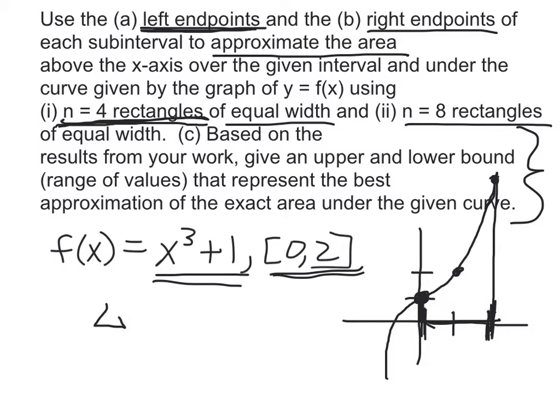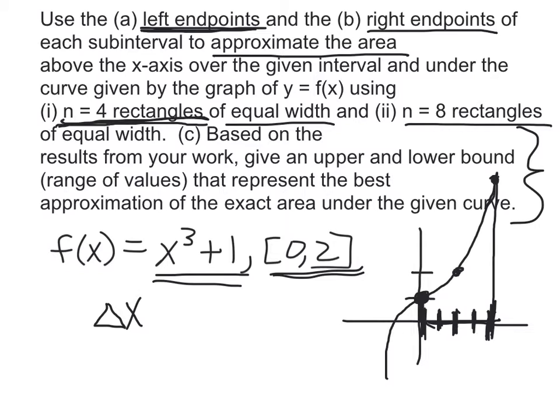Notation-wise, we like to use delta x here because we're changing from x equals 0 to x equals 1/2, which represents the width of the first rectangle, and then 1/2 to 1, 1 to 1.5, and then 1.5 to 2. Those give us the 4 widths that we're representing.